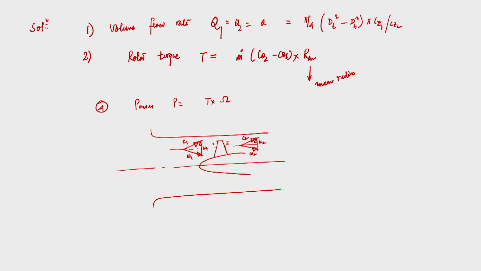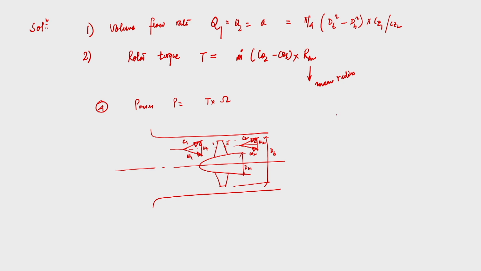This is the hub diameter DH, and the tip diameter will be like this, this is the tip diameter DT. So, we have obtained DT and DH.